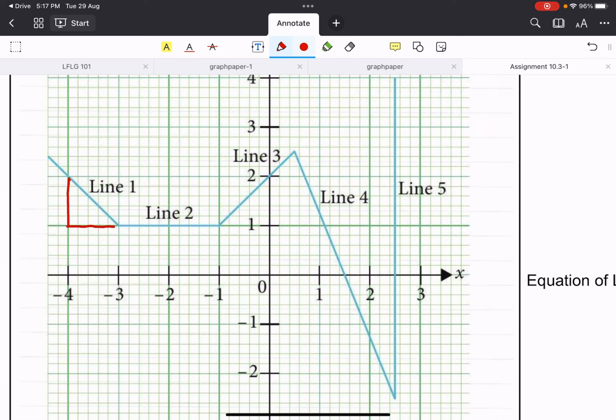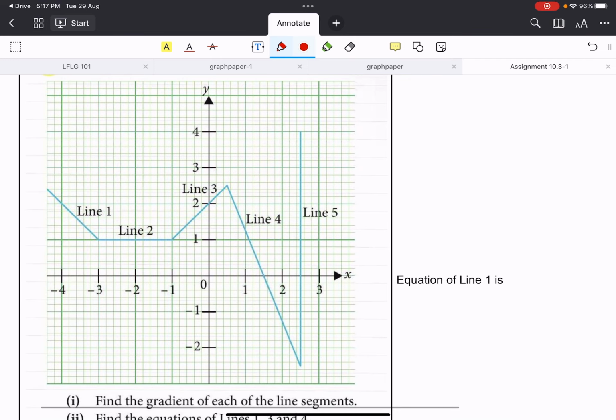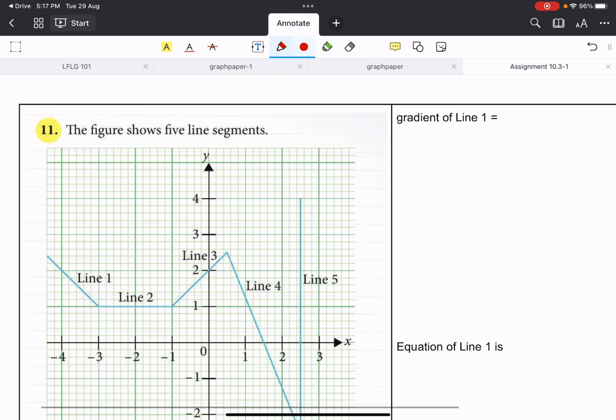The difference is the line is sloping down, therefore the rise is negative, so it will be a negative gradient. The gradient of line 1 is -1, the rise over the run. So that's the correct version.